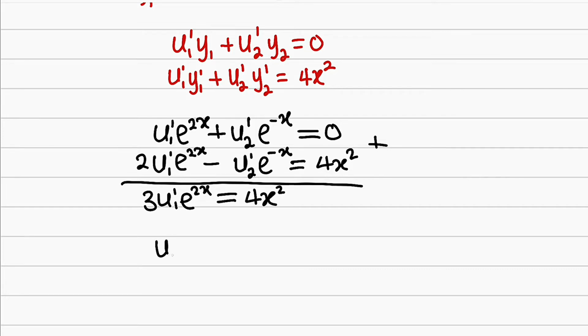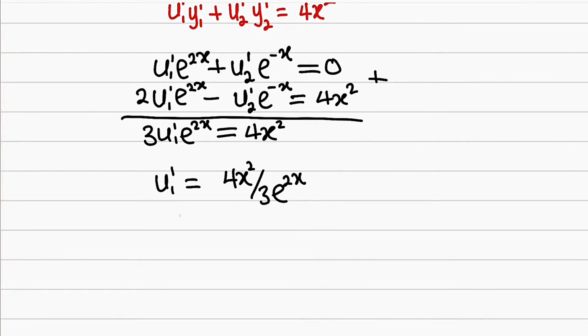To the left we have u1', and to the right we have 4x^2 divided by 3e^(2x). Let me rearrange it: u1' = (4/3) x^2 e^(-2x), if you take e^(2x) to the numerator.